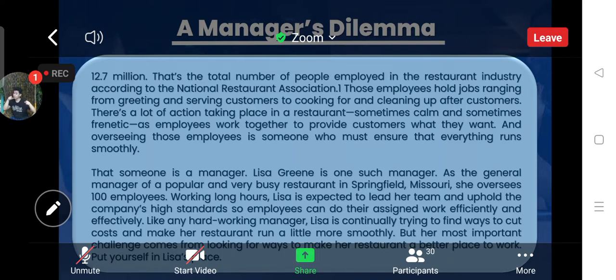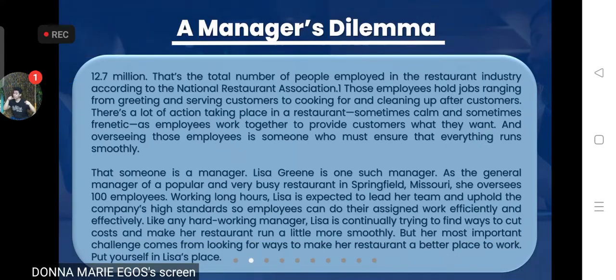Like any hardworking manager, Lisa is continually trying to find ways to cut costs and make her restaurant run a little more smoothly. But her most important challenge comes from looking for ways to make her restaurant a better place to work. So try to put yourself in Lisa's place.